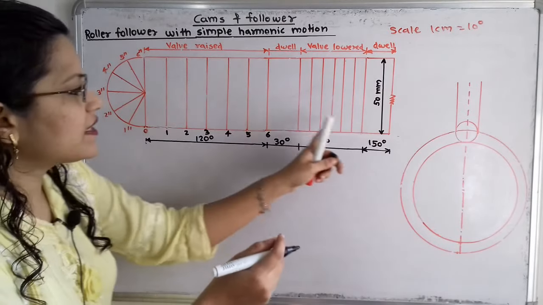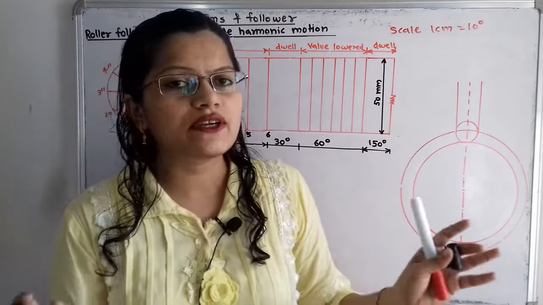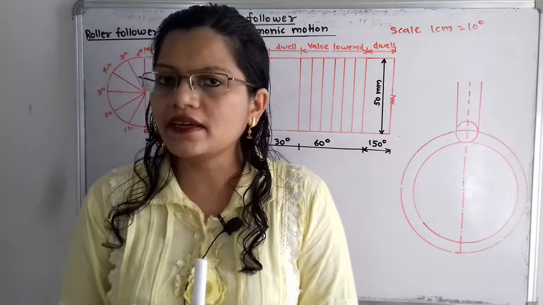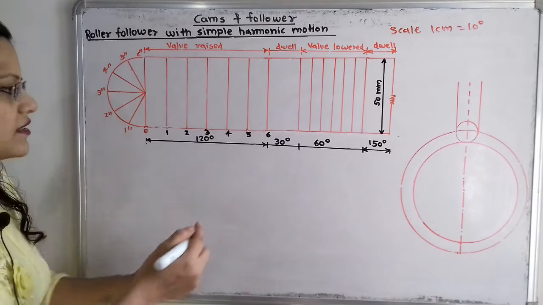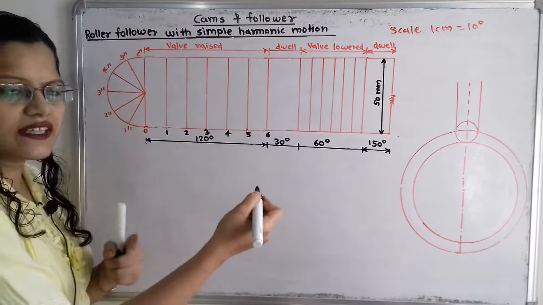Then next for the return stroke. For the dwell period there is no need to make any parts. Again for the return stroke we will give the numbers. This is the return stroke, so we will give the numbers in the opposite direction. That is, first we will take 6, and for the return stroke I will use a single dash.